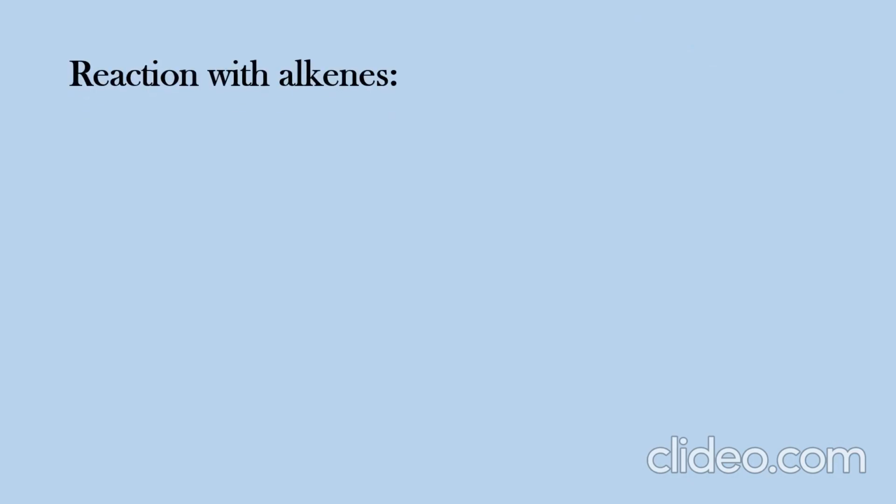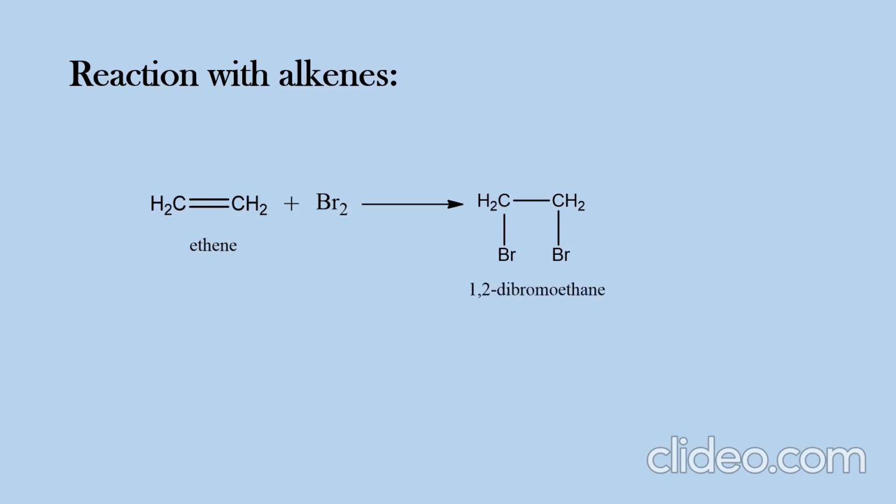How does bromine water react with alkenes? Alkenes react in the cold with pure liquid bromine or with a solution of bromine in an organic solvent like tetrachloromethane. Here there is ethene, and when bromine water is added to it, the ethene is converted into 1,2-dibromoethane.